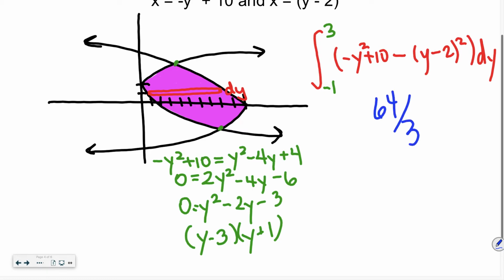And if it's possible to turn it into a fraction, I like fractions. You got what? You got 40? I got 64.